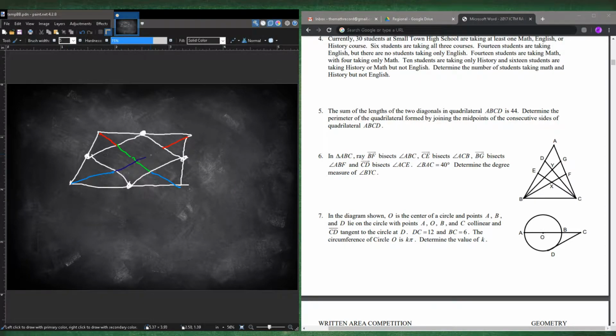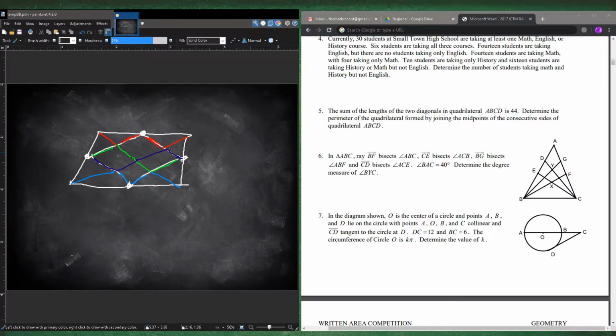This purple over here goes with this one, and this purple goes with this one. This green goes right here, and this green goes right here. This red one goes right here, and this red one goes right here. And then you have the blue ones. This blue goes to this one, and this blue goes to this one.